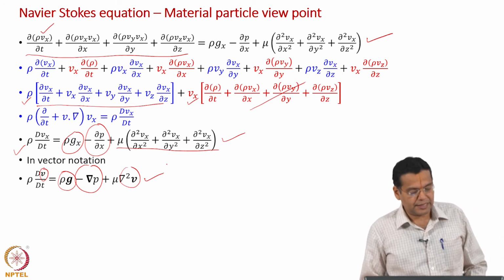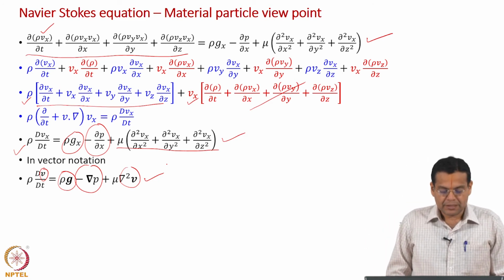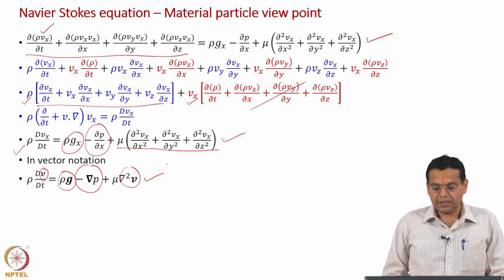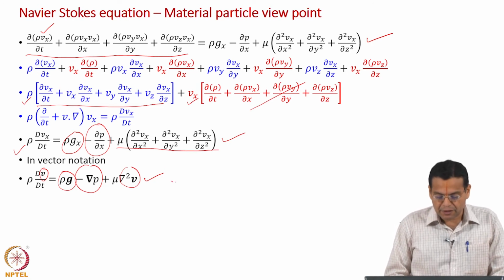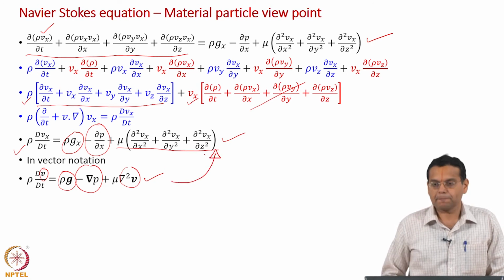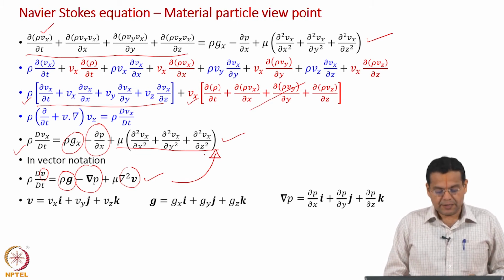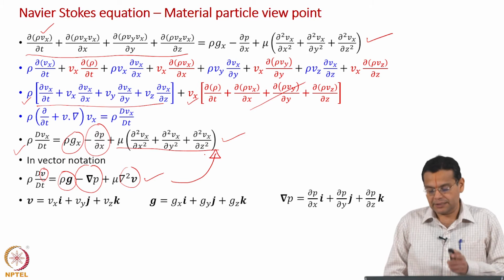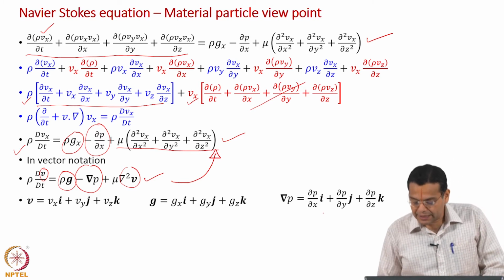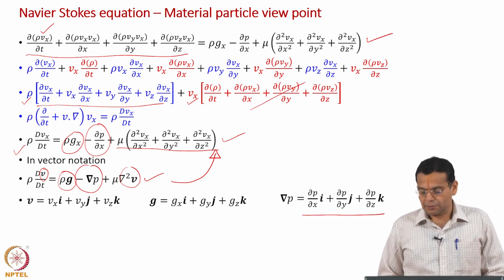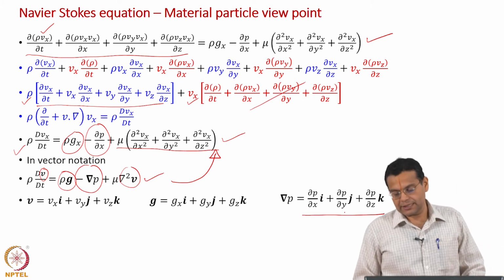So, rho D v vector by dt is equal to rho g vector minus gradient of p plus mu del squared v vector, and x component of this is what is written here. Okay. Of course, v is given by v x i, v y j, v z k, g by g x i, g y j, g z k. Gradient of p is dou p by dou x i, dou p by dou y j, dou p by dou z k. Okay.